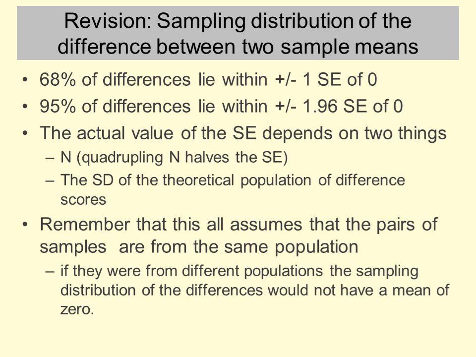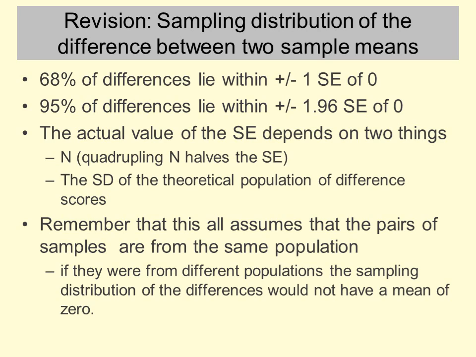So because the sampling distribution of the difference between two sample means is a normal distribution, that gives us some useful properties. When the null hypothesis is true, 68% of differences between two samples lie within plus or minus one standard error of 0.